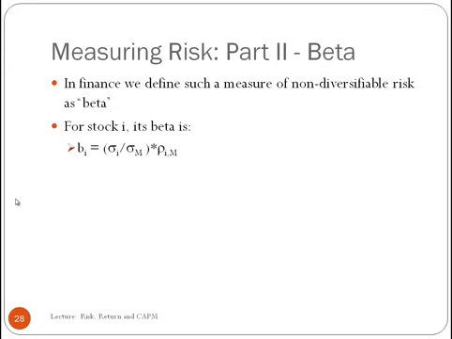And if we just break this apart a little bit, what this is saying is the greater the standard deviation of the stock itself, the greater the beta. The greater the correlation, the greater the beta. And this is intuitive because we know standard deviation does measure risk, and so the greater it is, we want to capture that.